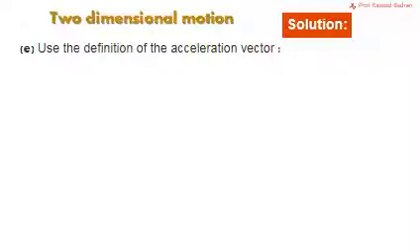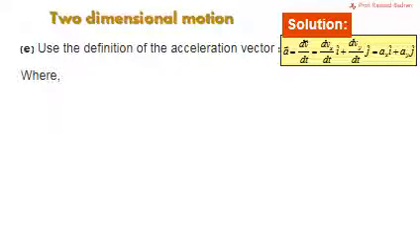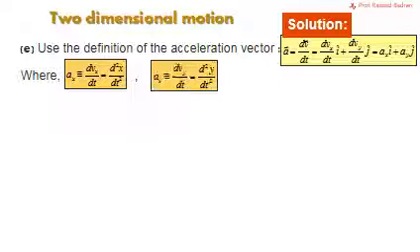To find the acceleration vector in terms of the unit vector notation, i hat and j hat, we simply take the last expression obtained for the x component of the velocity vector and differentiate it with respect to time, or take the second derivative of the position equation given in the problem with respect to time.